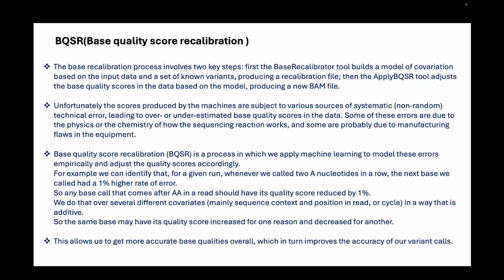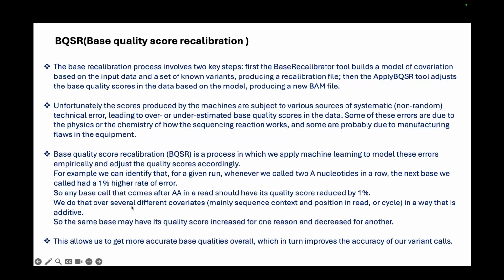That is natural, because you know systematically in your machine that if there are two A's in a row, the third nucleotide has a 1% higher chance of error. So any nucleotide that comes after two A's should have a lower quality score, even compared to the quality score given by the sequencing machine. You're correcting for those different errors that can possibly occur.